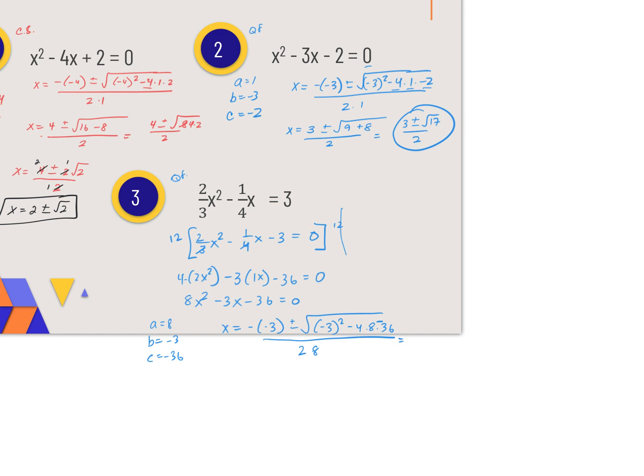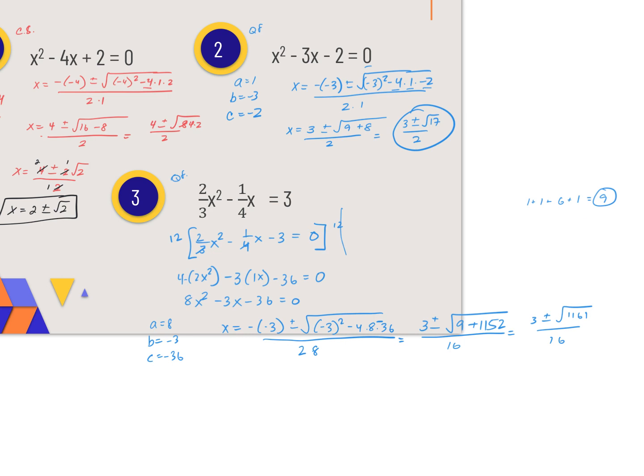So I come over here and I get +3 plus or minus the square root of 9 minus 1152, or plus 1152 rather, because two negatives equal a positive, all over 16. I get 3 plus or minus the square root of 1161 all over 16. And when I'm trying to simplify 1161, if you add the digits in it, it equals 9. Well, guess what?